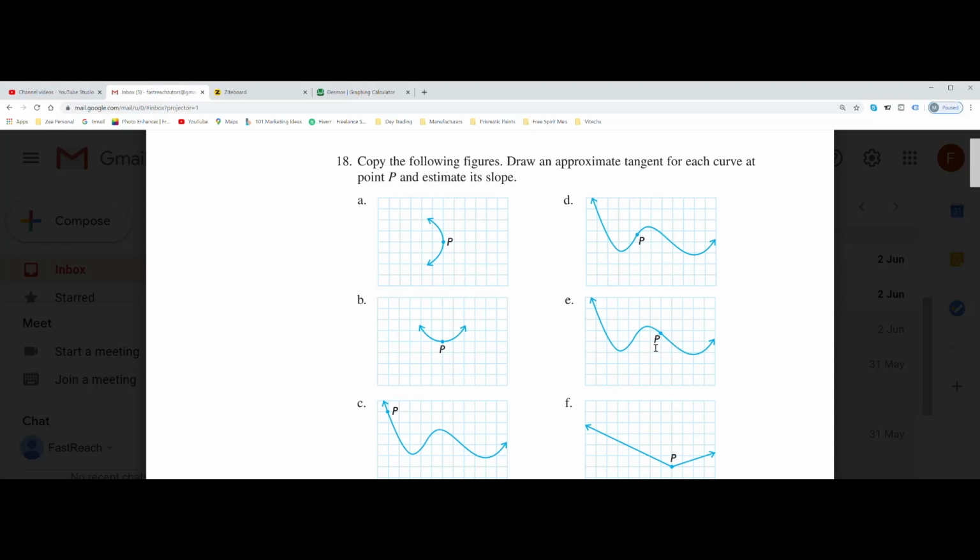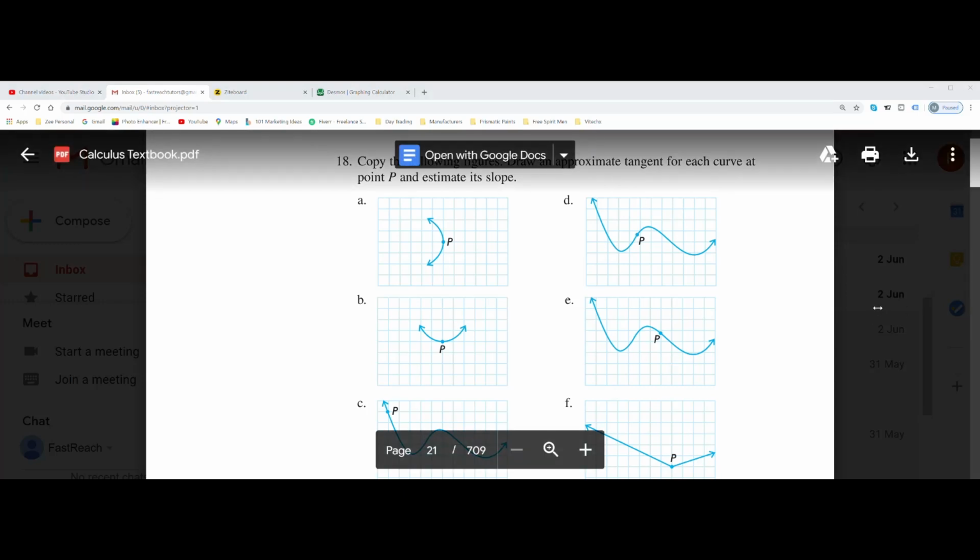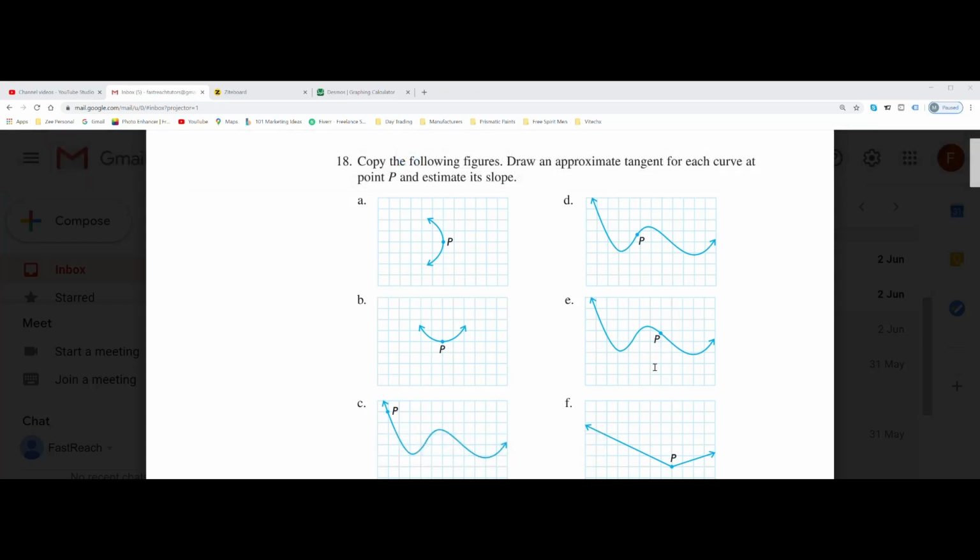Rise is, let's say, 1.3, and run is 1.7. Oh, this is 2.